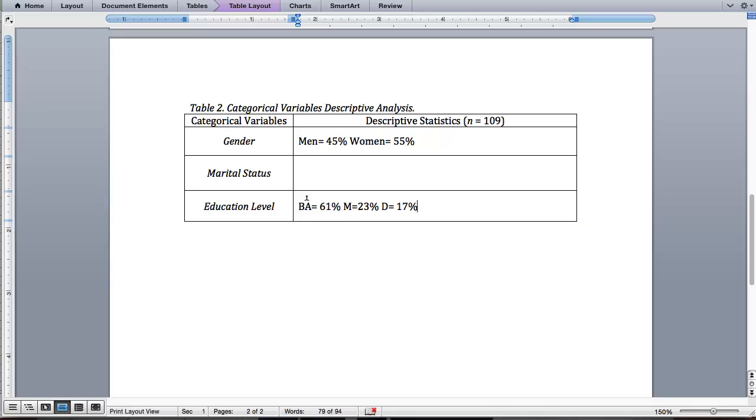And now we've added our frequency distribution for education level. And we could repeat this for marital status.